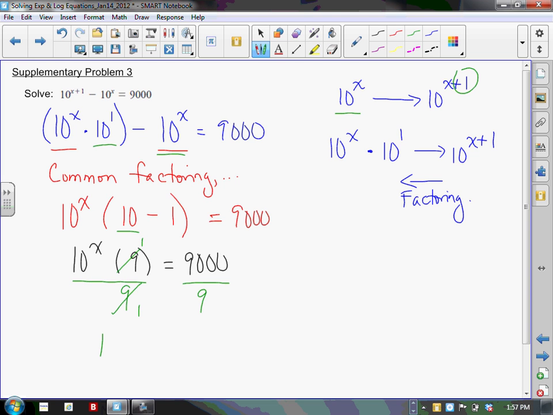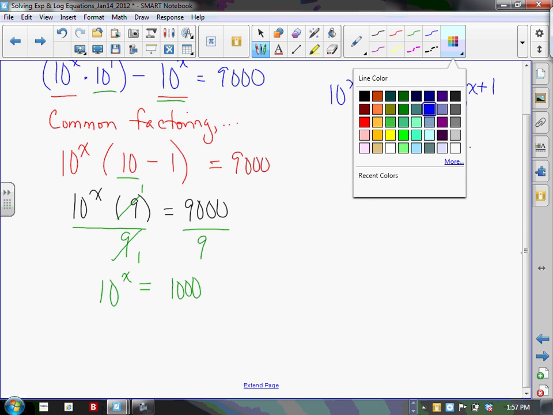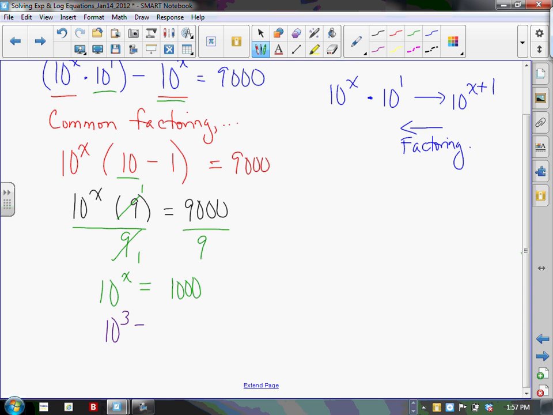And we have 10 to the x equals 9,000 over 9, equals 1,000. Okay. Not much more is left to do here other than to write our answer for x. And as you can see, just by eyeballing this, 10 cubed is 1,000, and therefore x is equal to 3.